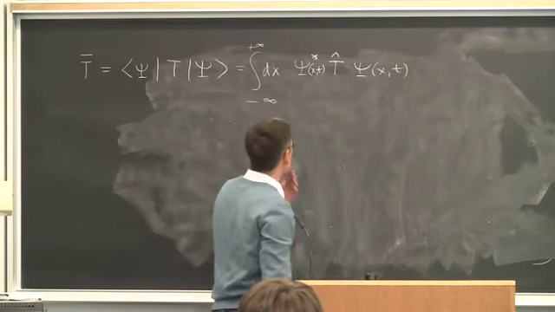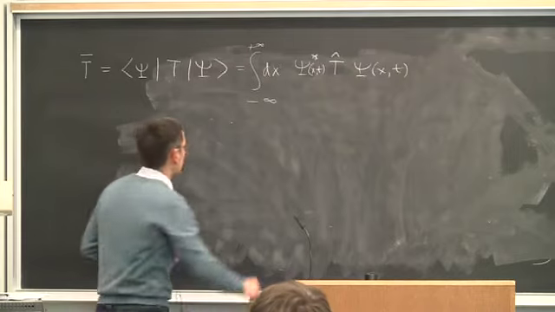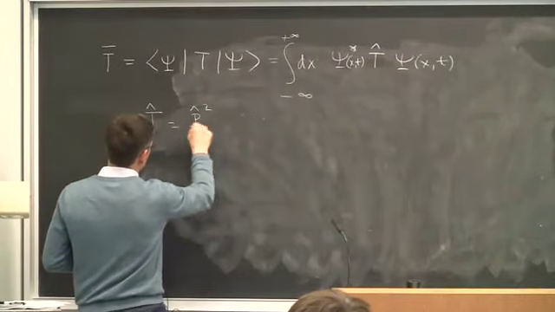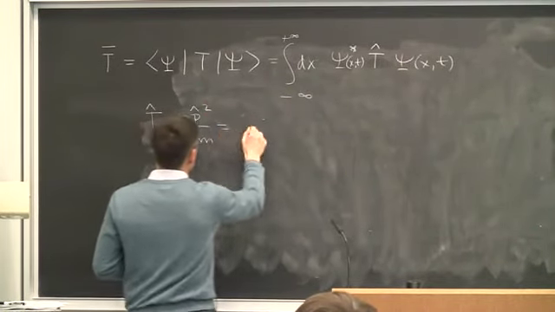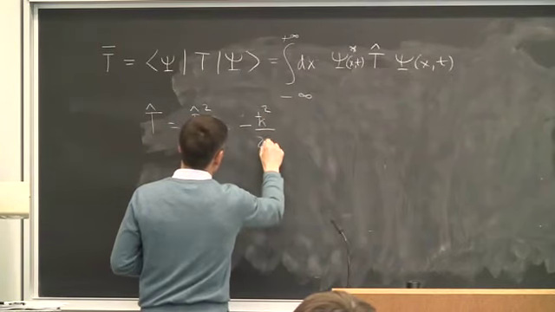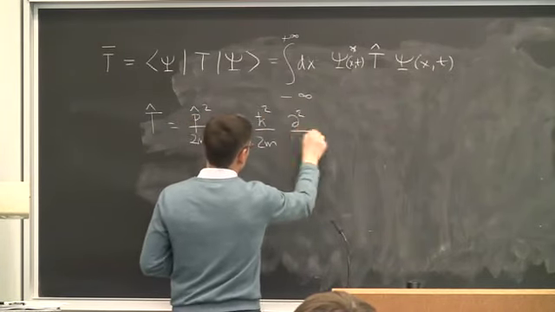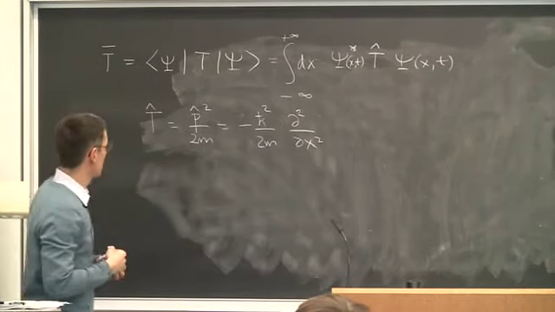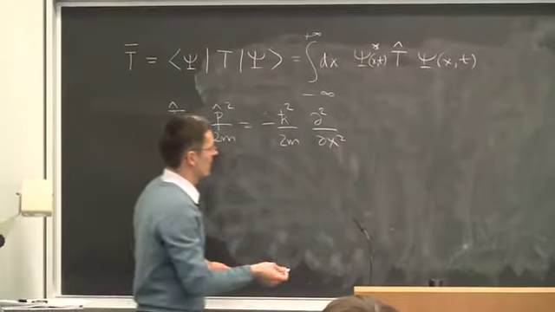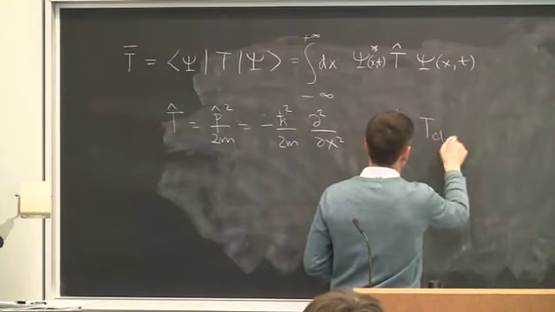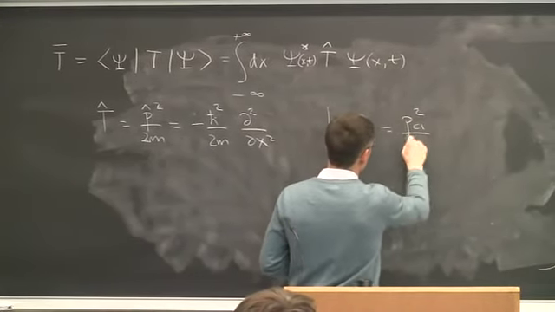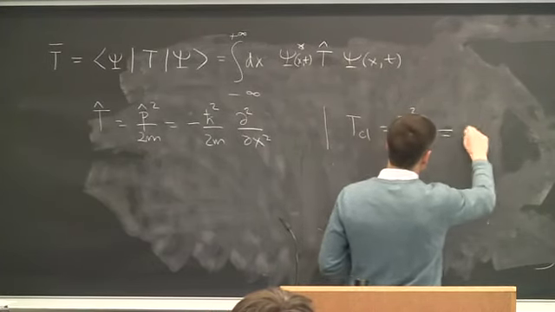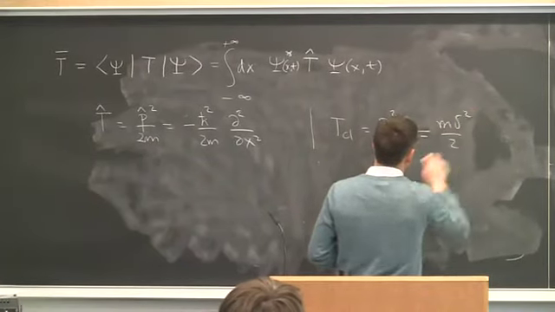T dependence really doesn't change much because our kinetic energy operator is the square of the momentum operator, right? And if we write it down explicitly, it's a derivative with respect to spatial coordinate x, so there's no time dependence. Now, in classical mechanics, in contrast, T classical is classical momentum squared, or mv squared divided by 2, right?